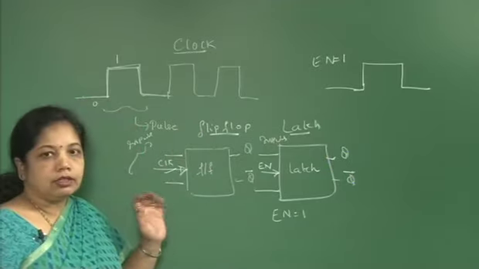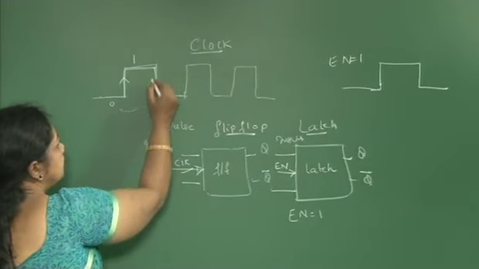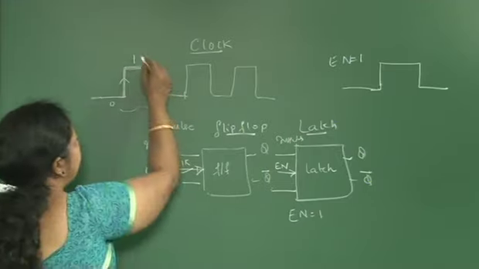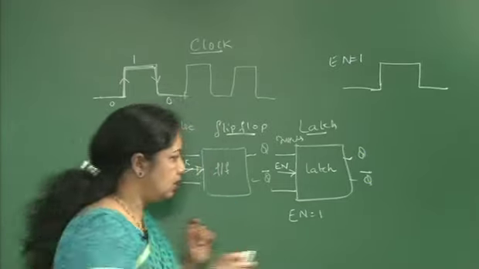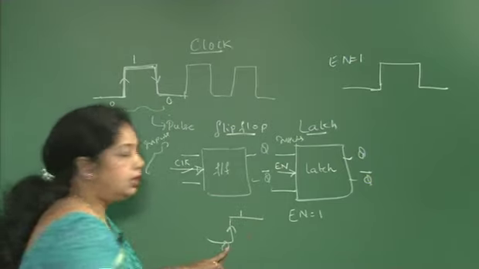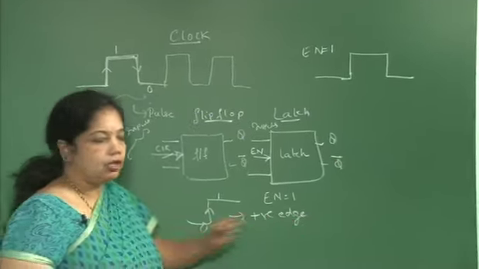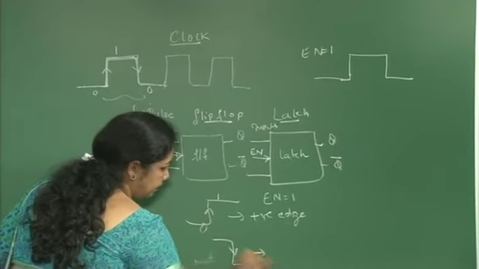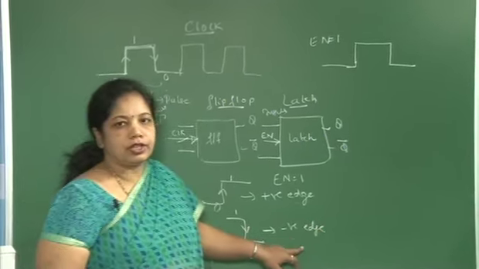So, edge triggering. Let us discuss what edge sensitive is. The clock has a 0 to 1 transition, and a 1 to 0 transition. If I say 0 to 1 transition, then I call this positive edge triggering. If I say 1 to 0 transition, we call it negative edge.